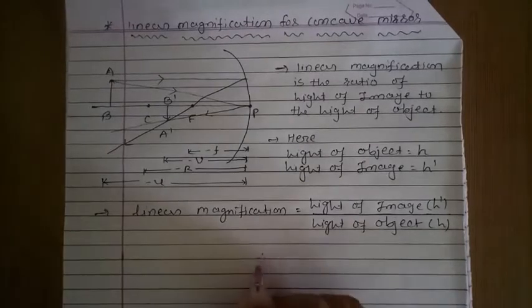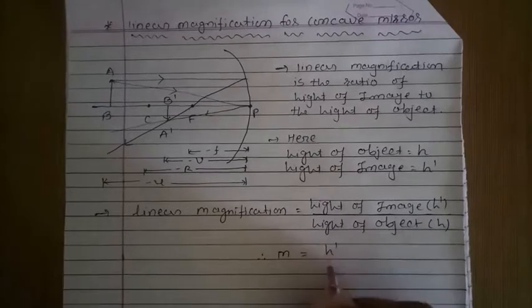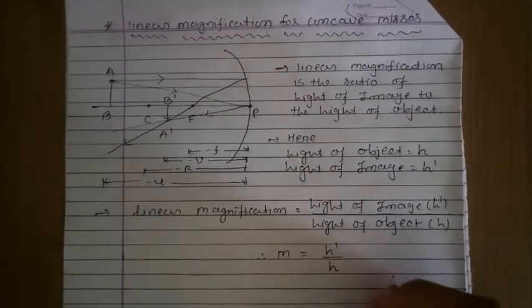So we can write that the linear magnification m is equal to h dash upon h.